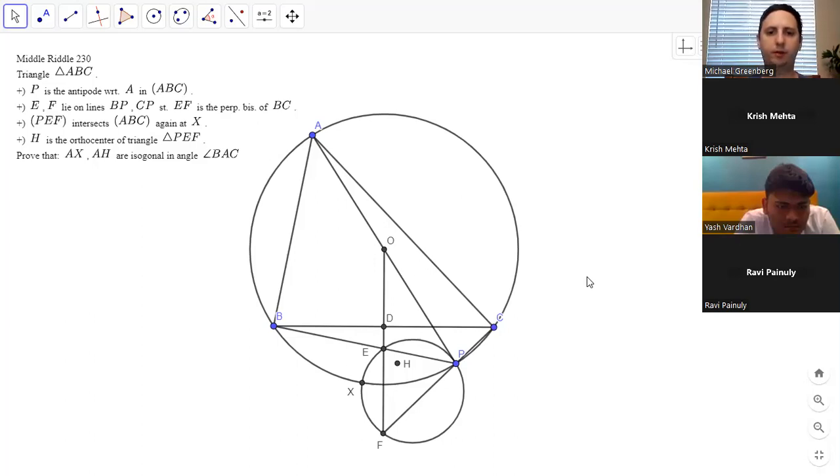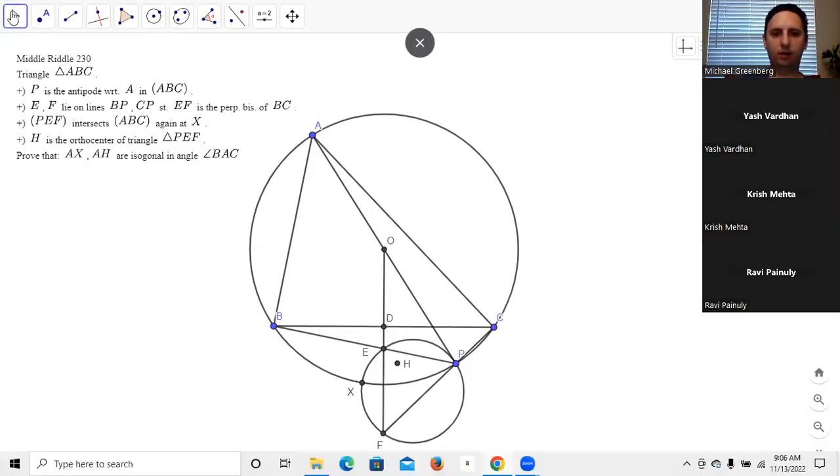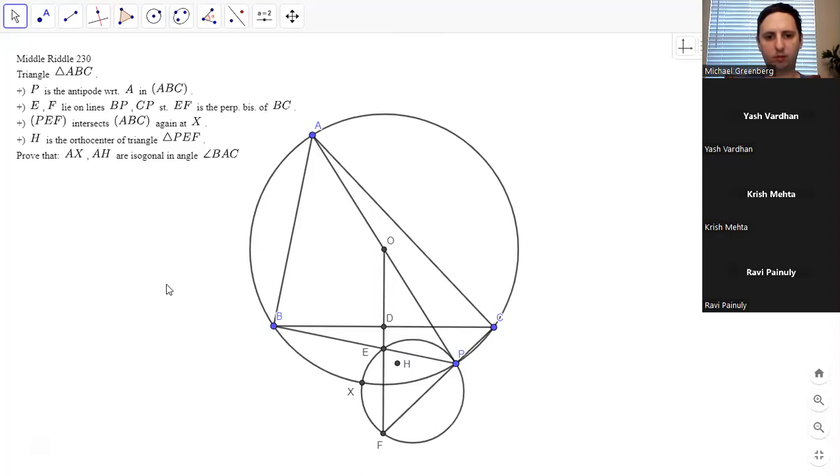Maybe we could project through P onto this circle. We could try that. PEF and ABC are similar. Interesting. Okay. So that looks useful. And I wonder if EXF is similar to BPC. No, that doesn't look true. I was thinking of extending line XC and intersecting it with the circumcircle of ABC.